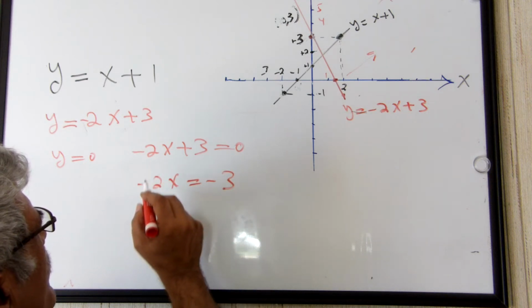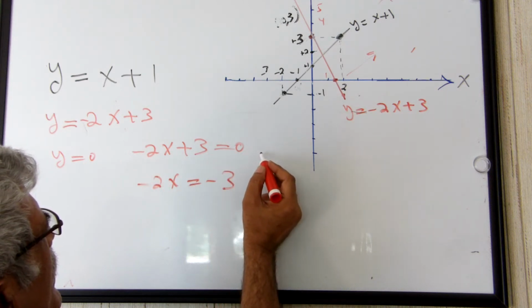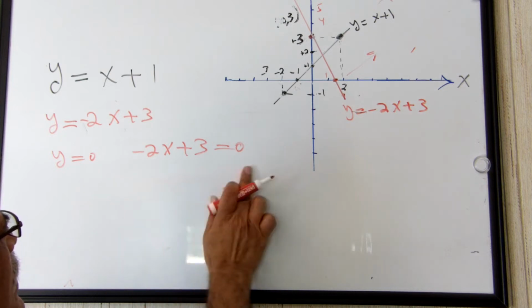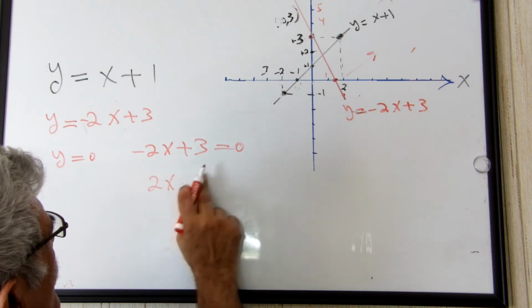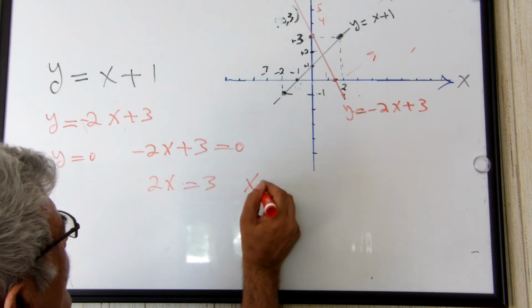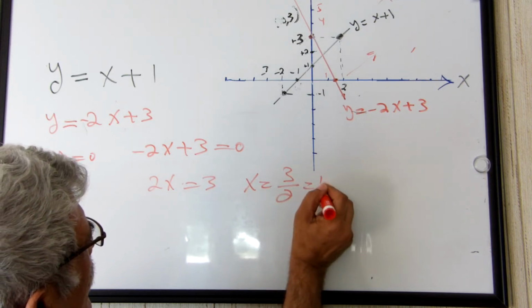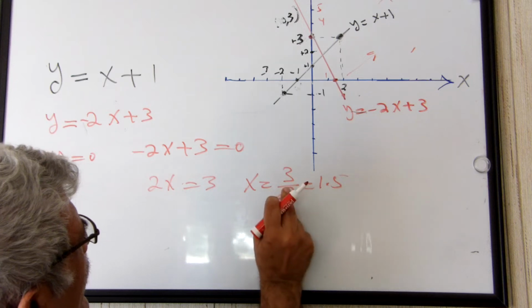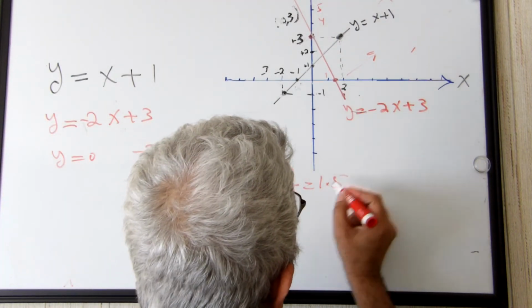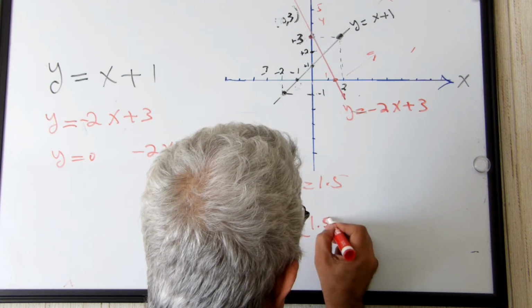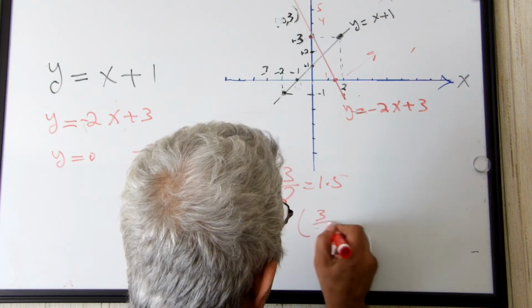You can say that we bring it up here, and the sign is going to change, so 2x is going to be 3. X is going to be 3 over 2, which is equal to 1.5. X is 1.5 or 3 over 2.